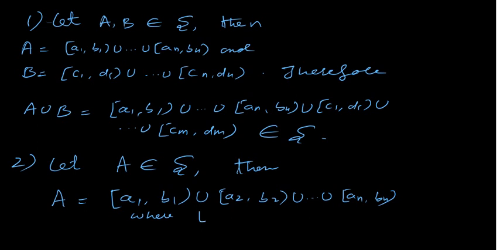That's in the definition, where these AI BI are all subsets of the interval 0 1. Now we can assume that these sets are disjoint. Actually A1 B1, A2 B2 and so on are all disjoint, because in case any two of them intersect, we can replace that union by a single semi-closed interval.